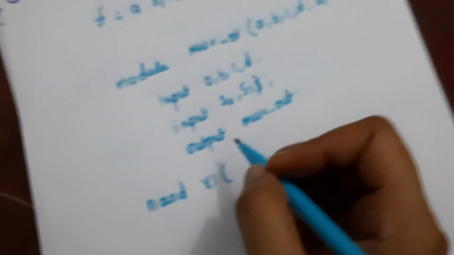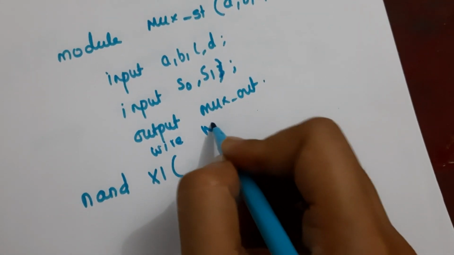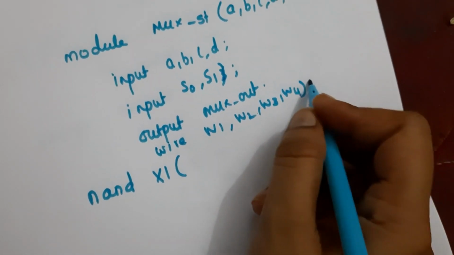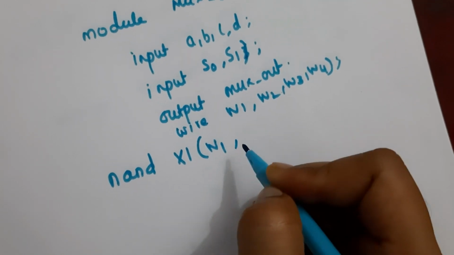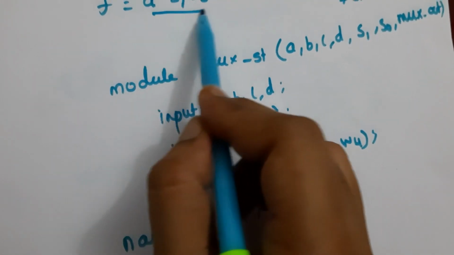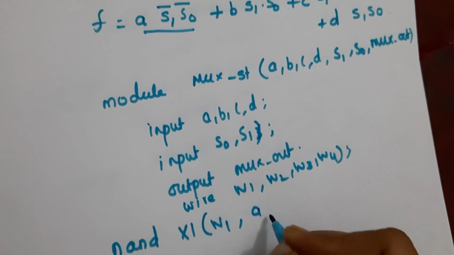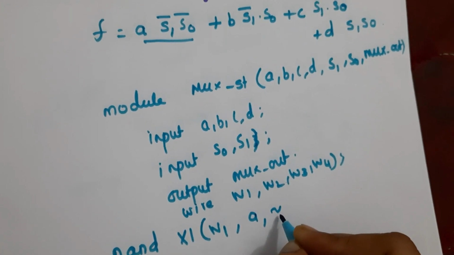That means we have to declare the wires here. So now wire W1, W2, W3, W4. First we declare W1, and W1 is nothing but the connection of this. That is A, and this is the symbol of inversion, NOT gate inversion here.